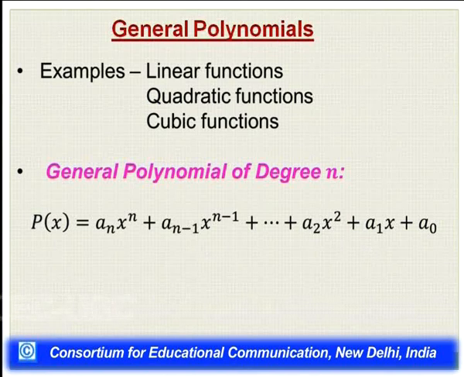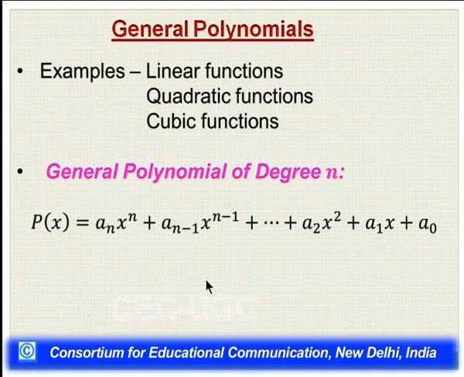For example, if n is equal to 1, this polynomial p of x will become a1 times x plus a naught, which is a linear function. So a linear function is a polynomial of degree 1.